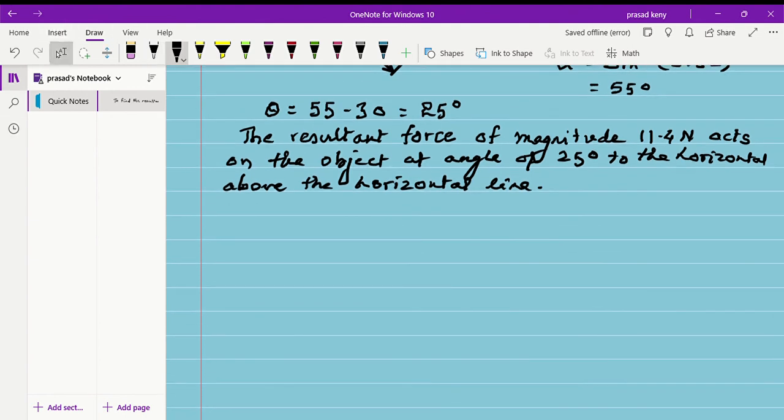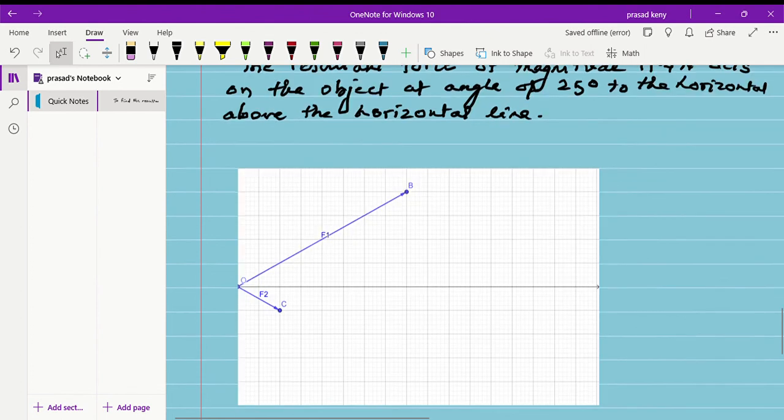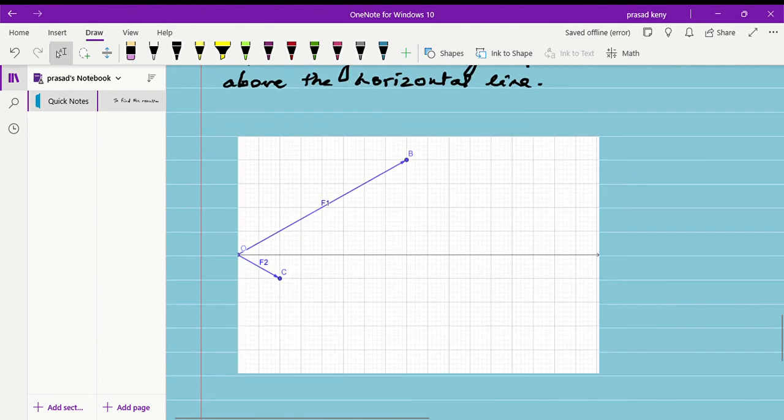I'll just give you a similar problem here to do for the homework. So here there are two forces acting on the object.